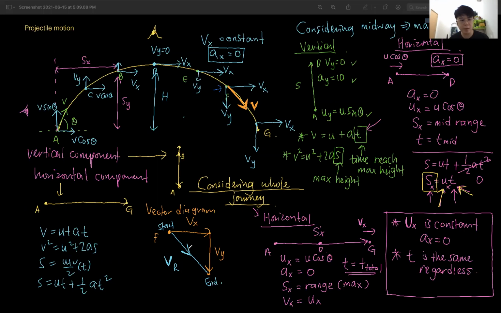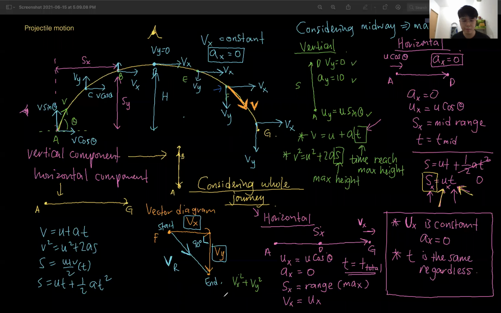Sometimes the question they will ask you to find the resultant velocity, which is this one. How do you find it? You find what is the Vx at that point, what is the Vy at that point, you add it up like this, and because this is 90-degree perpendicular, you can do the Pythagoras theorem. Okay, Pythagoras theorem, Vx square plus Vy square, square root.